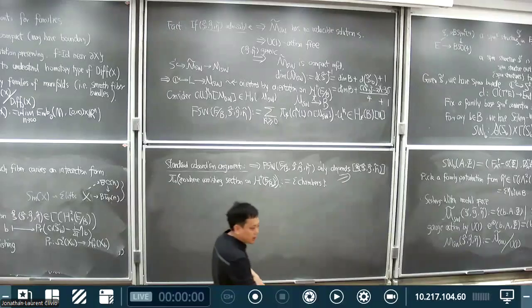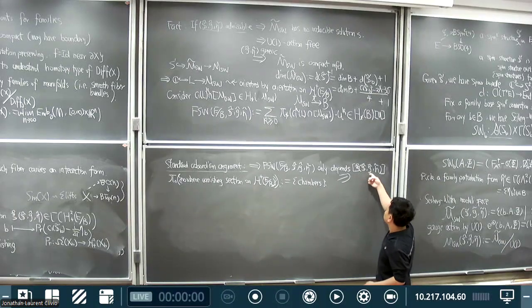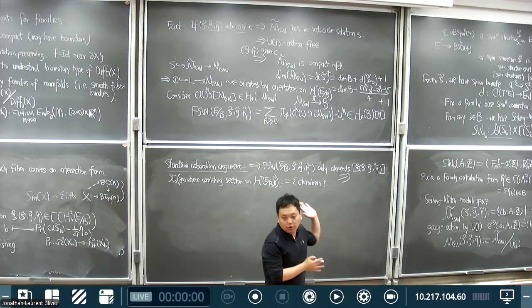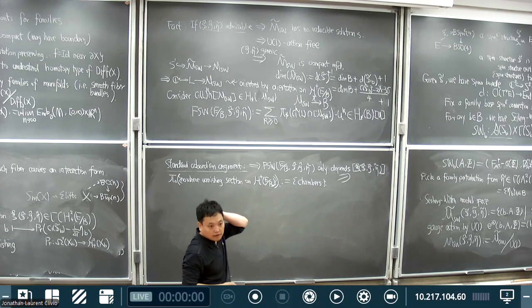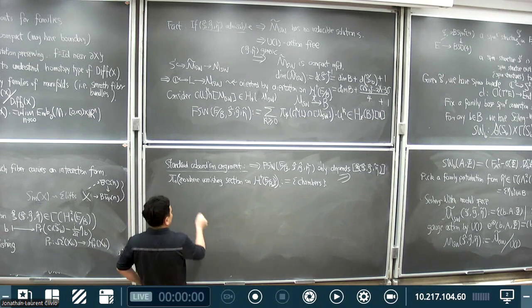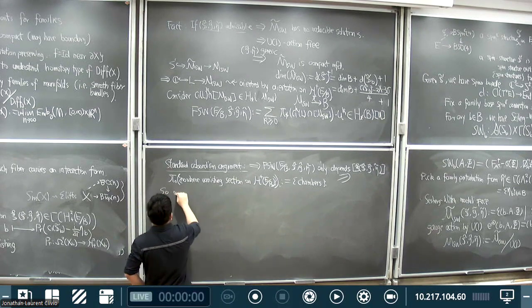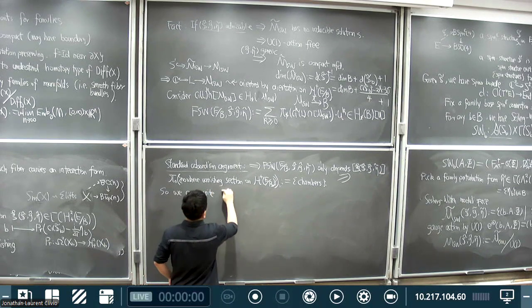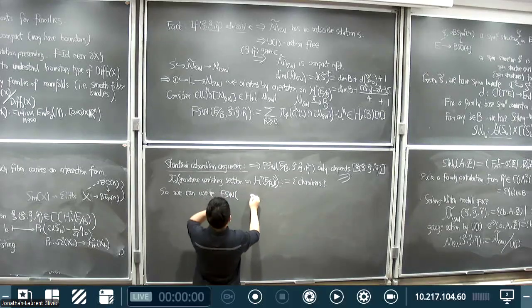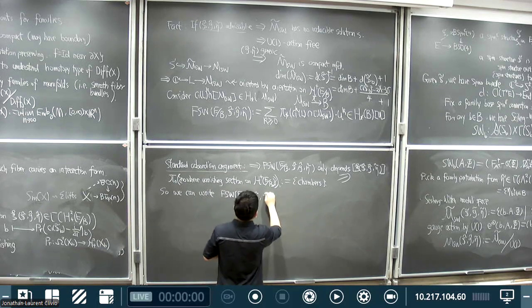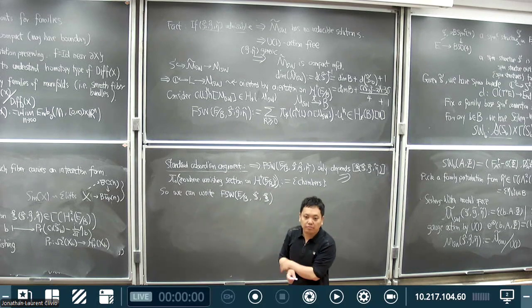If two admissible G and eta give sections which are homotopic to each other, then you can use a standard cobordism argument to show that the family Seiberg-Witten invariants are the same. So this allows us to write the family Seiberg-Witten invariant for spin C structures and chambers.